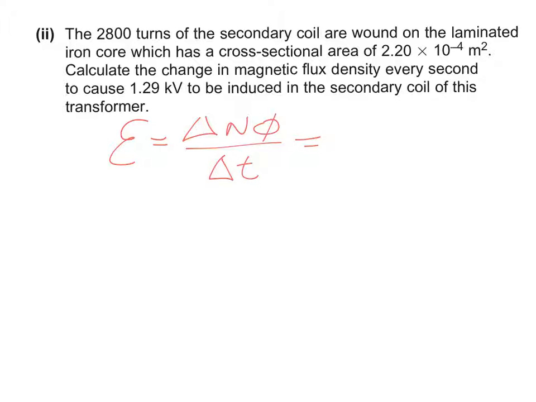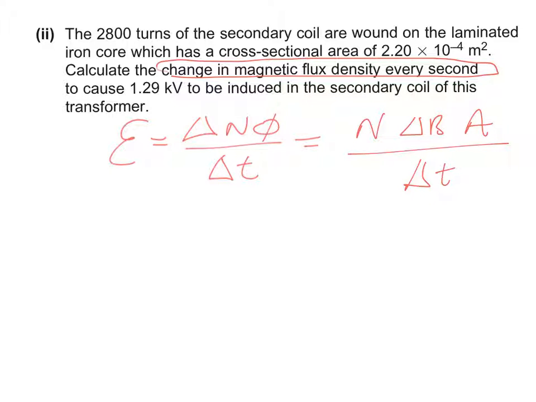So this is basically going to be N delta B A over delta t. And when they ask us for the change in magnetic flux density every second, this thing here is going to be delta B over delta t. So we just rearrange it for that.